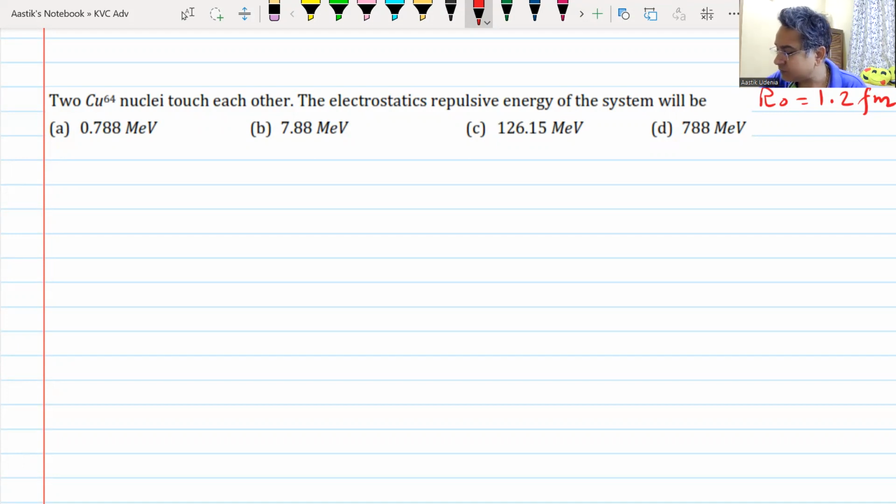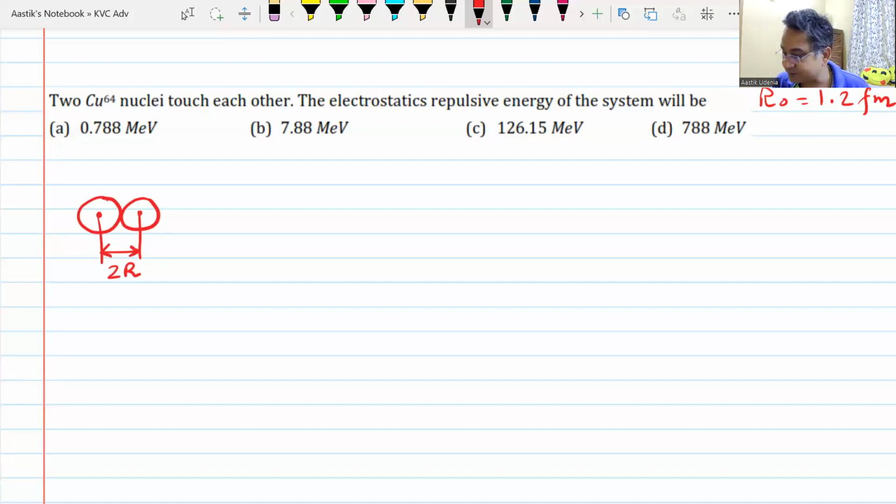First of all, if you imagine that these are the two nuclei, you will have to find the center to center distance between them. Yes or no? Yes, sir. That distance would be equal to 2r.